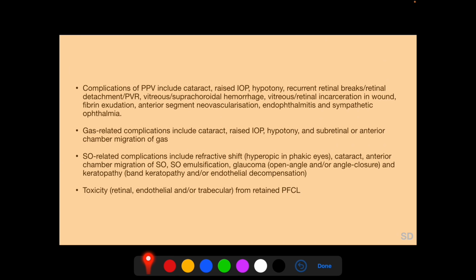Gas-related complications include cataract, raised intraocular pressure, hypotony, and subretinal or anterior chamber migration of gas. Silicone oil-related complications include refractive shift, cataract, anterior chamber migration of silicone oil, emulsification, glaucoma, and keratopathy. Retained perfluorocarbon liquids can cause toxicity: retinal, corneal, endothelial, and/or trabecular.